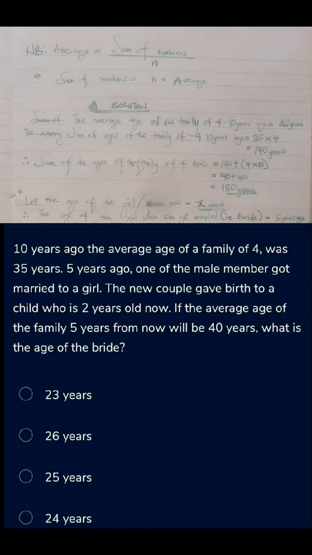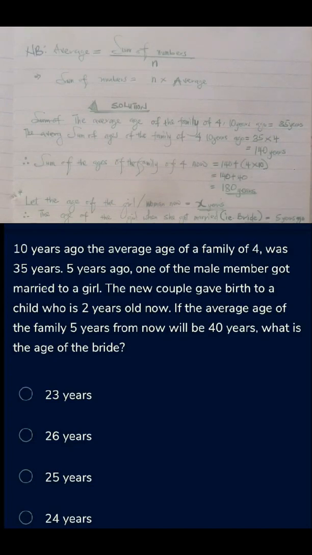So representing the age of the girl, it will be equal to now, which is X minus 5 years ago. As you know, per the meaning of ago, past. The age of the child now is 2 years.